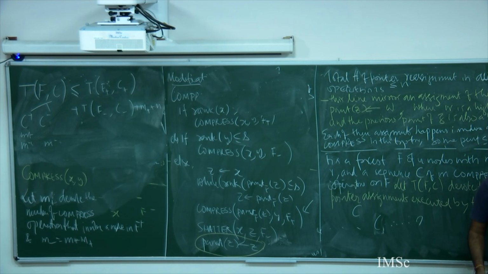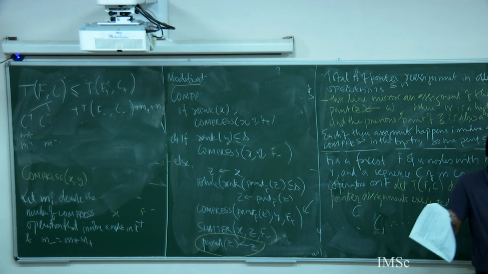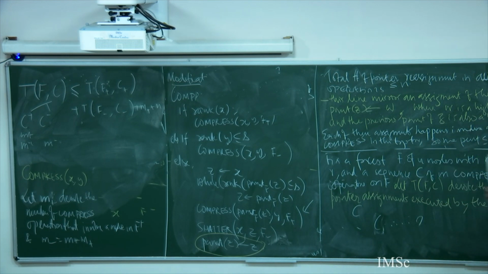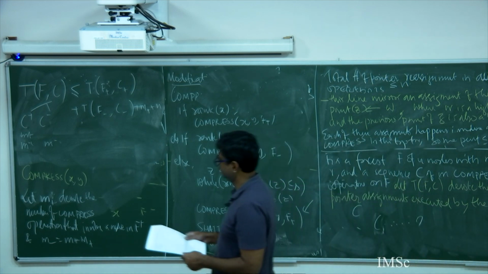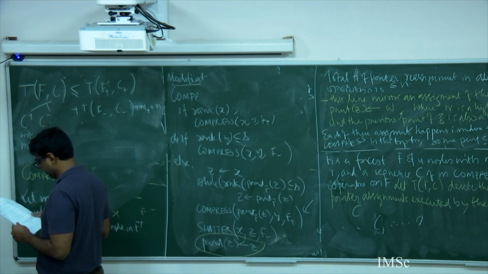Done. So the shatter assignments and these pointer assignments, I counted them separately and said, for the remaining, either you are happening on the top side or on the down side. So whatever the pointer reassignments on the top, plus the pointer reassignments on the bottom, plus whatever other operations I have done. This is it. Agreed?